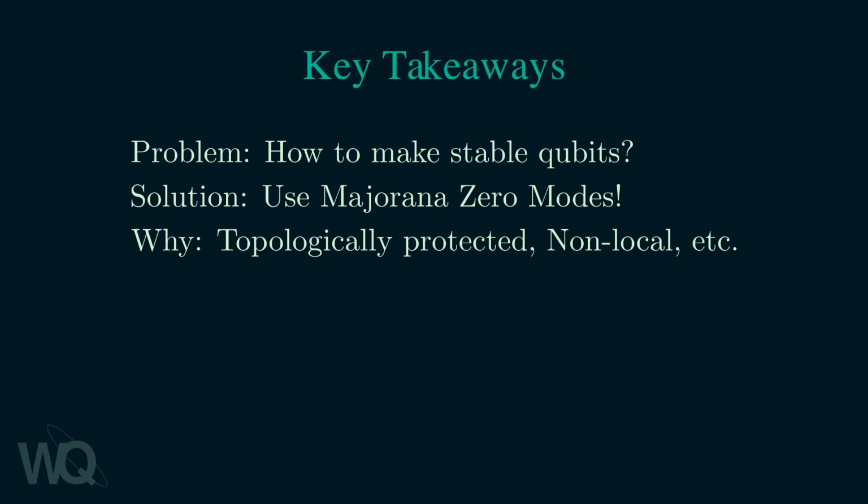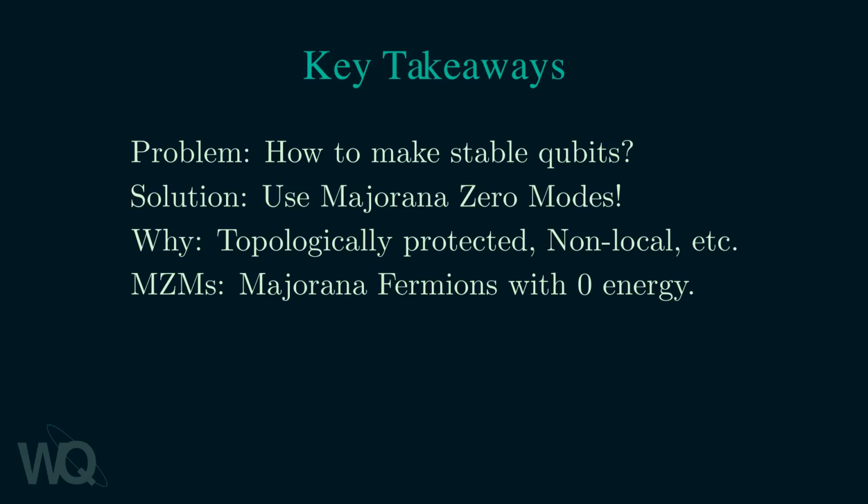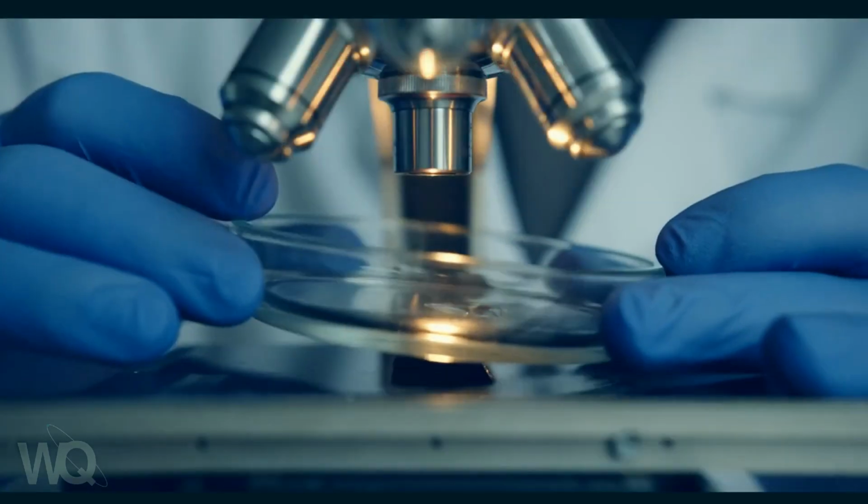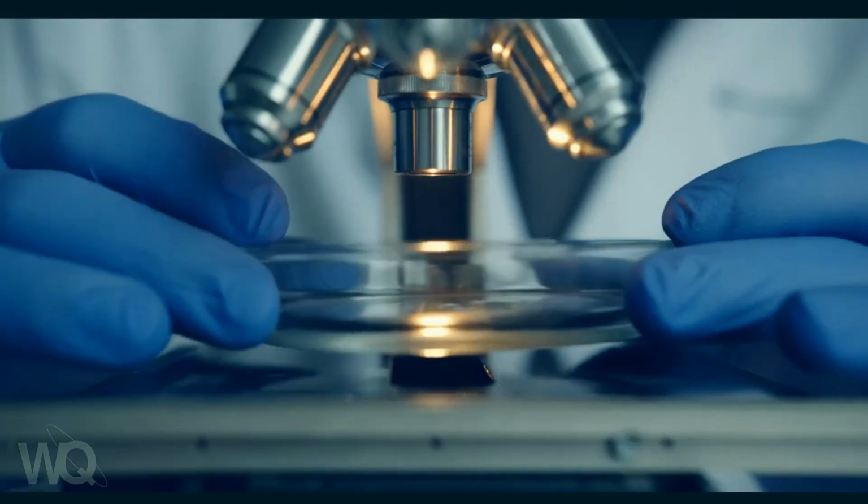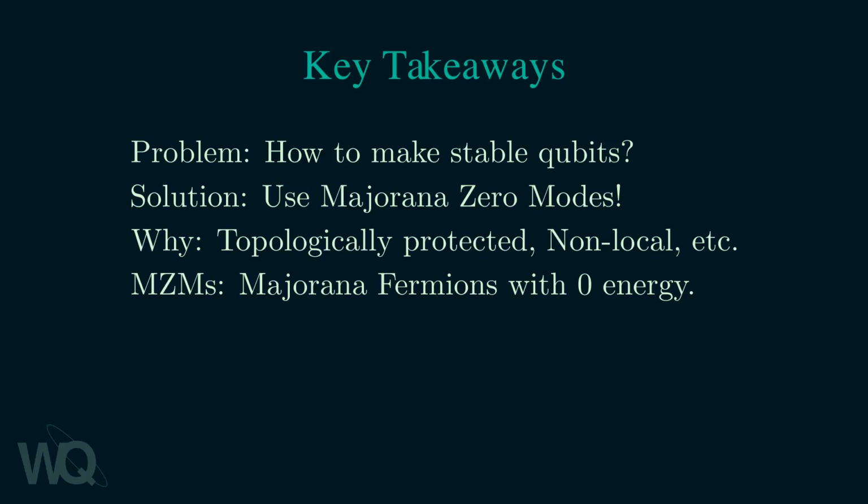Here, we focused on understanding the Majorana zero modes, which are the zero-energy Majorana fermions found in topological superconductors. Majorana fermions are their own antiparticles, which we saw by splitting the electrons' creation and annihilation operators. Though our analysis was mostly theoretical, there is indeed some experimental evidence supporting the existence of MZMs.